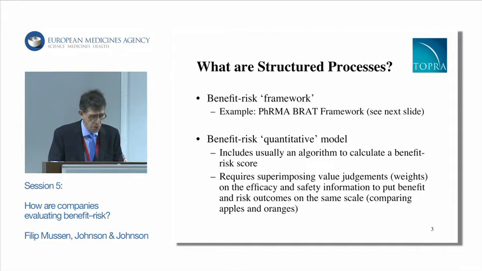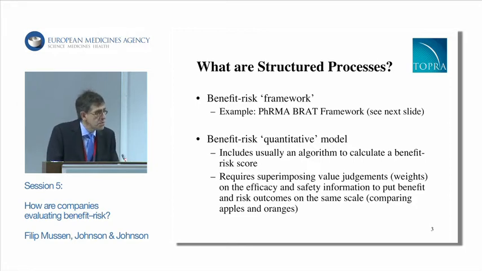So it's a model really that brings together all the data and calculates a single score or ratio or whatever it is. But obviously that requires superimposing value judgments, usually weights, on the efficacy and safety information to put the benefit and risk outcomes on the same scale. So this is comparing the apples and oranges. And for example, multi-criteria decision analysis is one such technique that we can consider to be a quantitative model.